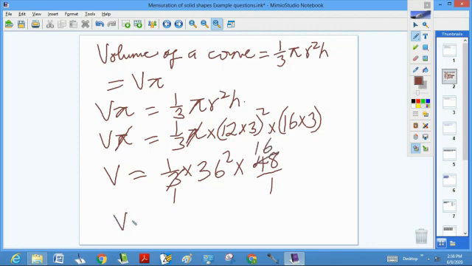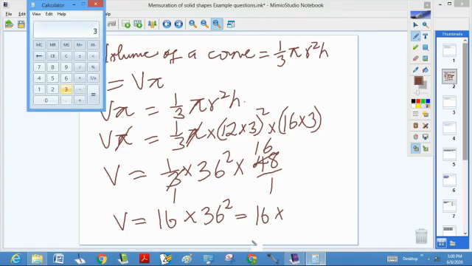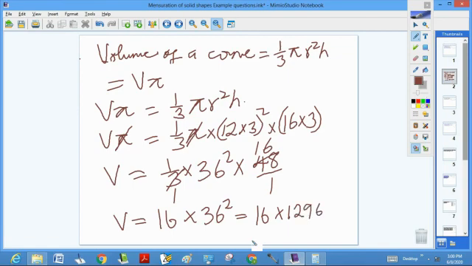So that we have v is equal to 16 times 36 raised to power 2. 36 raised to power 2 can be found by 36 times 36, that gives us 1296.